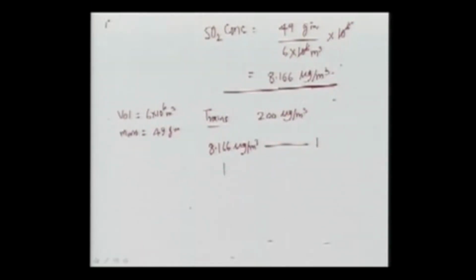So 1 meter cube will be converted by 1 by 8.166, and I'm allowed to contribute up to 200, so this will be 200 divided by 8.166, which becomes the number of trains that can be allowed to pass through the village. That comes out to be 24.49 trains.